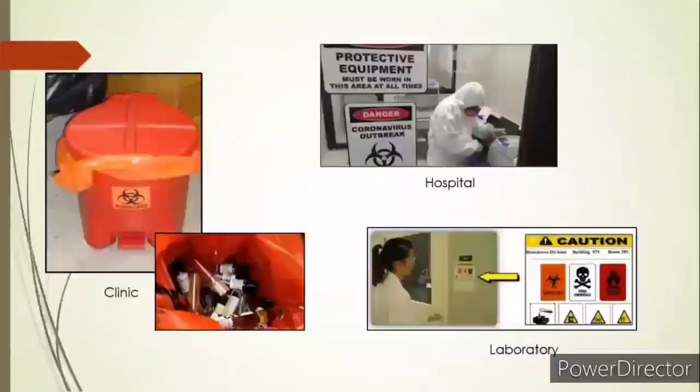First at the clinic, there is a red biohazard bin, where normally nurses will dispose of the syringes that have been used. There are hospitals also, especially the blood test lab, and this is where we commonly go, the chemistry laboratory. Next slide.